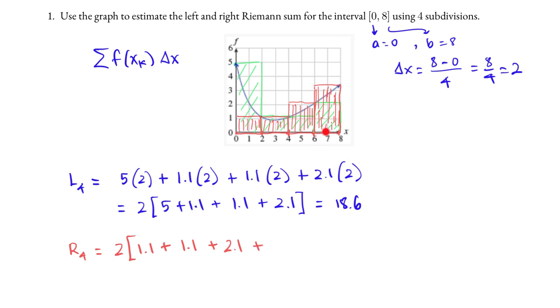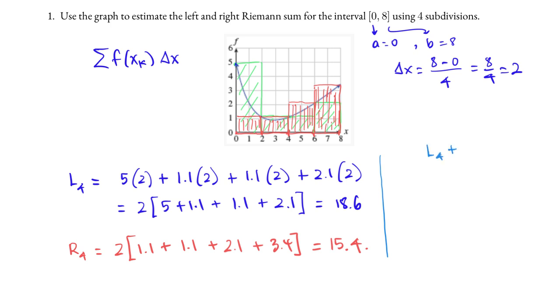And then for the last rectangle, 2 times the height, and it looks like the height is about 3.4 or maybe 3.3. If we use 3.4 for the height of the last rectangle, then the right Riemann sum is approximately 15.4.